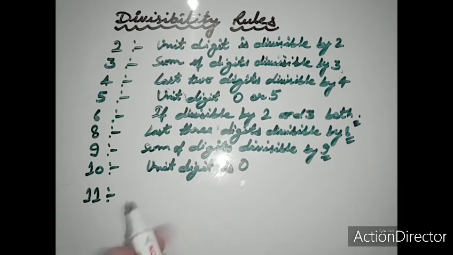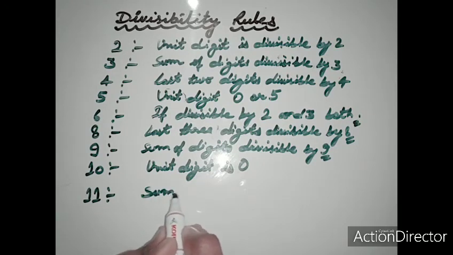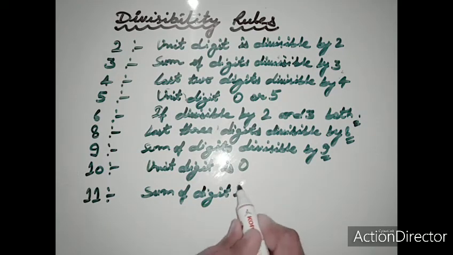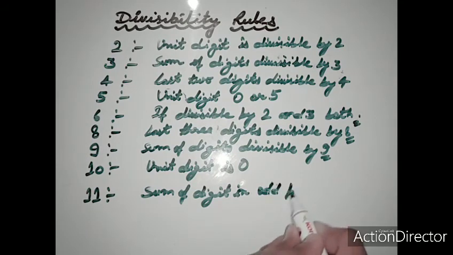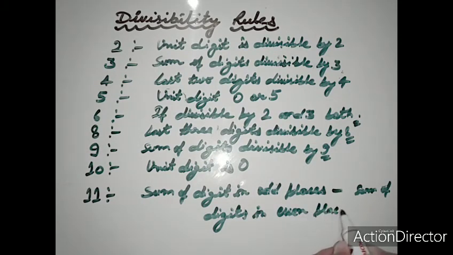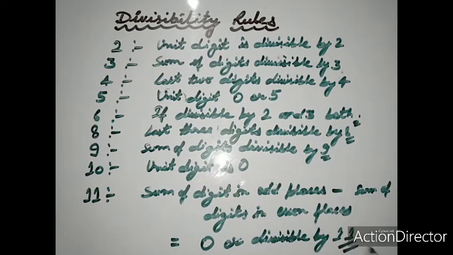Now 11. Here the divisibility rule of 11 is if the sum of digits in odd places subtracted by the sum of digits in even places gives a difference of 0 or a number divisible by 11, we say that the whole number is divisible by 11.